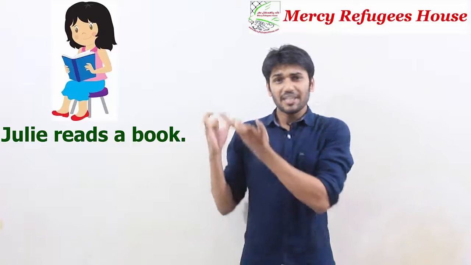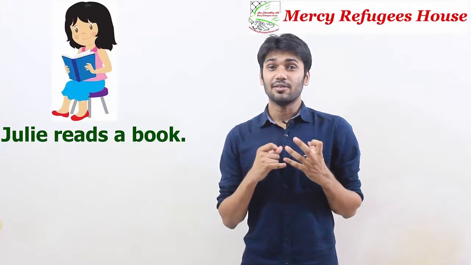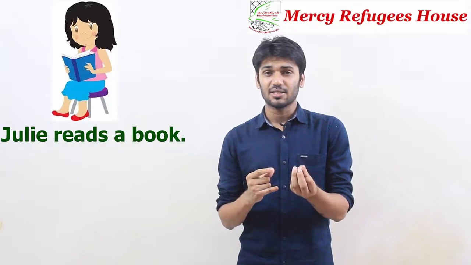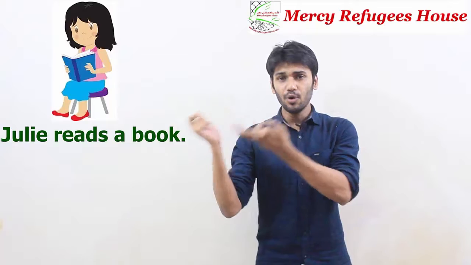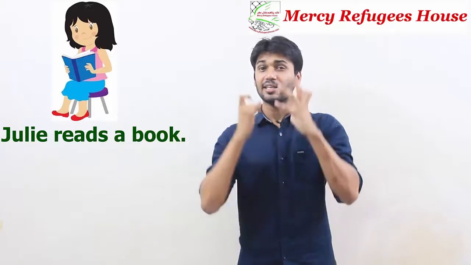Her name is Julie. What is Julie doing here? Look at the picture. She is reading. She's reading what? A book. You all have a book, right? And you can read it too. Look at it. Julie reads a book.